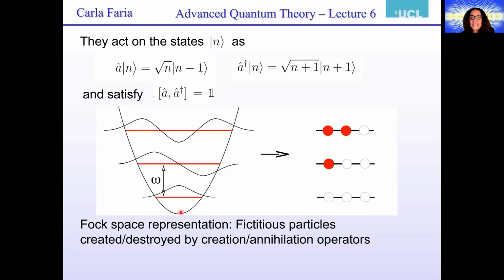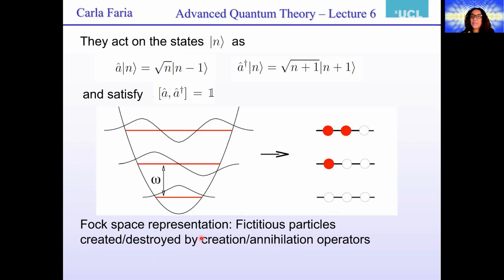Here is your first energy level. They are separated by h bar omega. And this means that when you make the particle, or a fictitious particle, if you wish, go up and down, you are creating or destroying something.